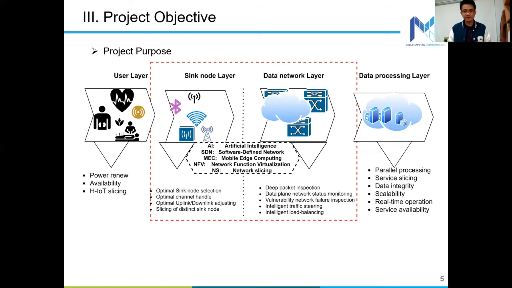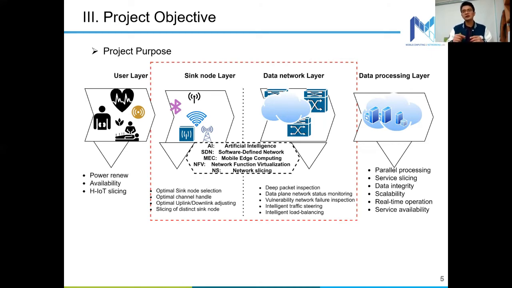We provide optimal channel handling to reduce the loading time in the MAC scheduling area, and adjust the uplink and downlink resources, and slice the signal according to distance and signal differences.